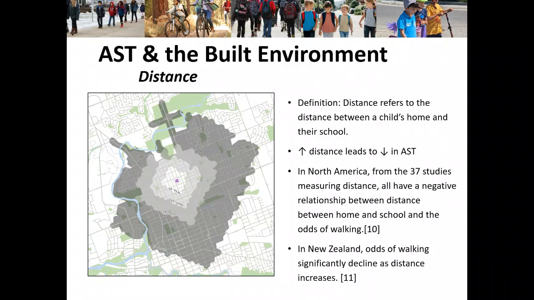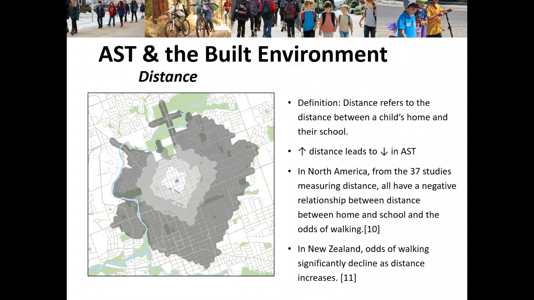The first is the number one aspect in any type of research around active school travel. It is distance. Distance refers to the distance between a child's home and their school. Generally speaking, the best way is to measure the distance from their home to school. But we don't always have information like postal codes or home addresses to be able to measure that directly.